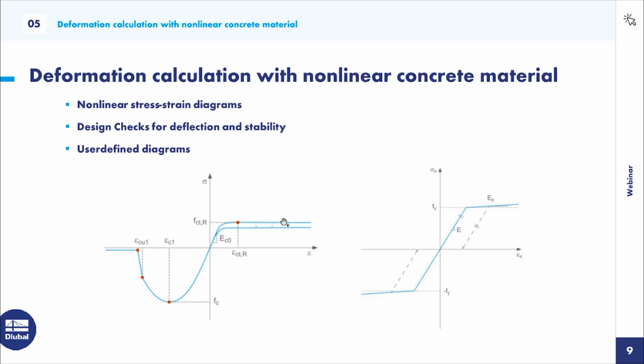So we have the option here to consider the nonlinear stress-strain diagrams here for the concrete and here for the reinforcing steel. And so the material parameters can be considered in this way. And at the time, design checks for deflection and stability are possible. And it's also possible to define user-defined diagrams, but I will show you on the model.